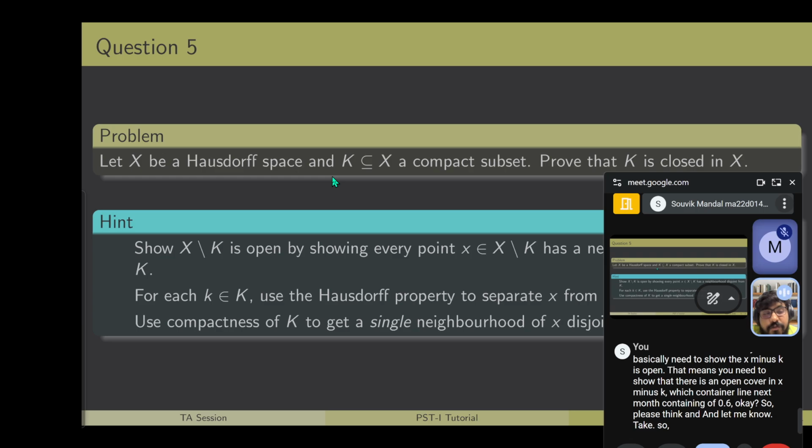Please try to figure out this problem. The hint is given. Please think and take your time, let me know.